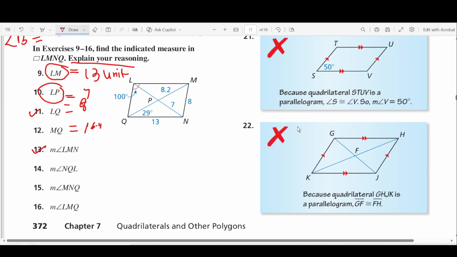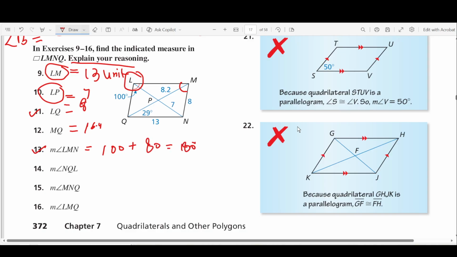Explain how you got it. So the angle M, right? Angle LMN is 100, and so MNQ is 80. Very good, because they should add up to 180.